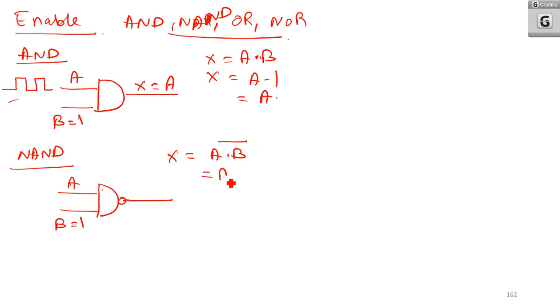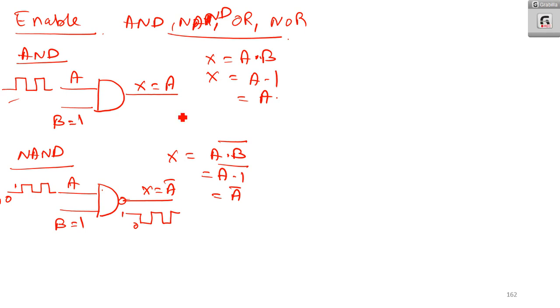That is (A dot 1) the whole bar. What is it? It is A complement, since A dot 1 is A. So we get H is equal to A complement. Whatever is coming in A, you will get the exact opposite of that. So this is logic 0 and this becomes logic 1. The rest part of the logic circuit will be enabled according to the complement of A.